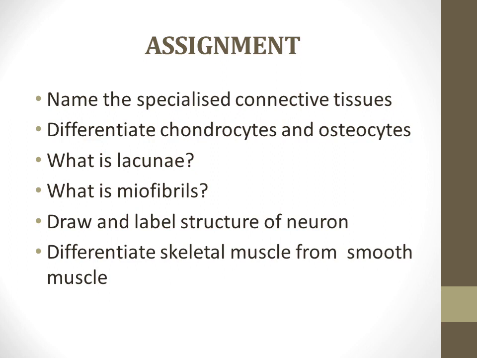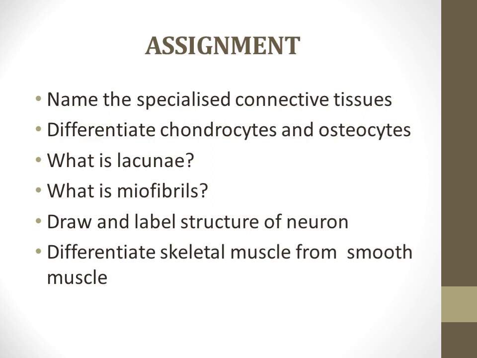Right? Then what is lacunae? The osteocytes are present in spaces called lacunae. Right? And what is myofibrils? Muscles are made up of fibers. The fibers are composed of numerous fine fibrils called myofibrils.